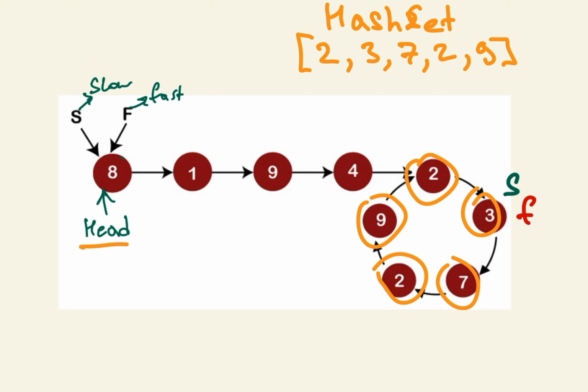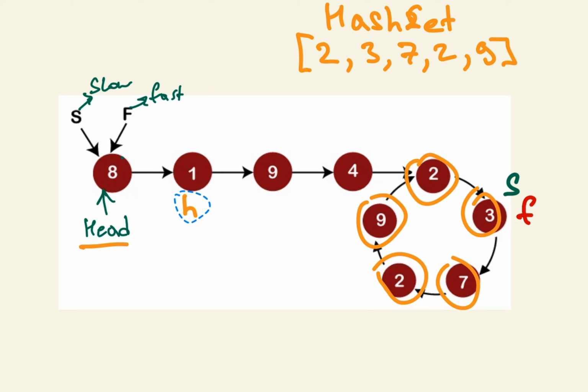So firstly, head will be equal to 8. In the hash set, there is no list node like this, and it will return false. If the contains method returns false, we need to move our head to the next node.